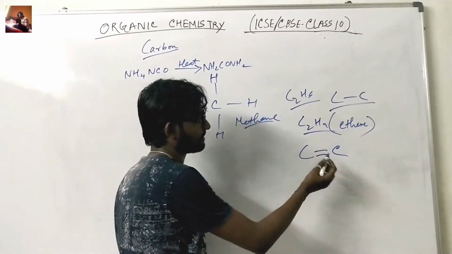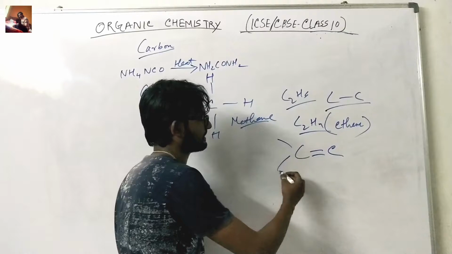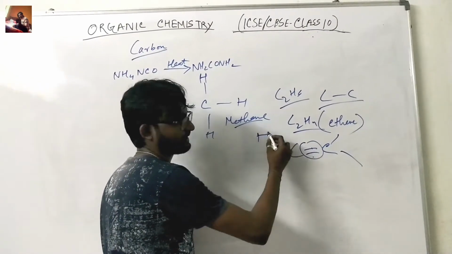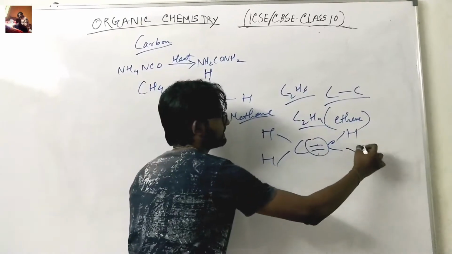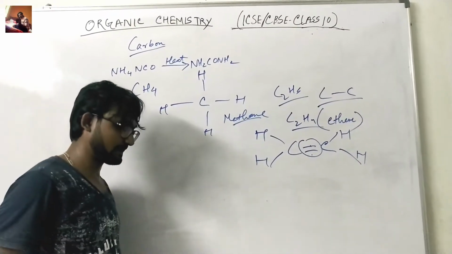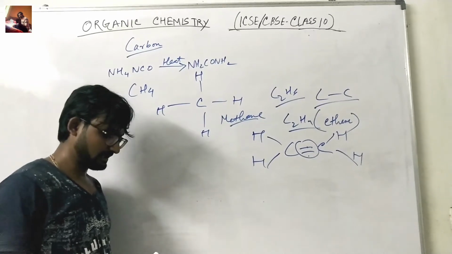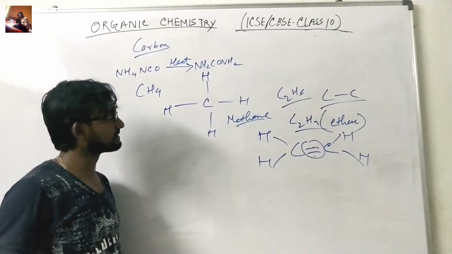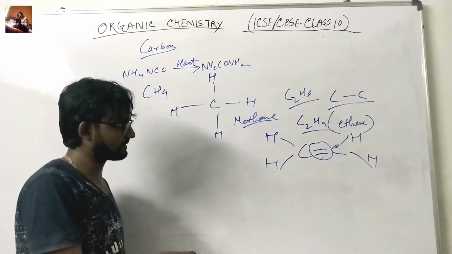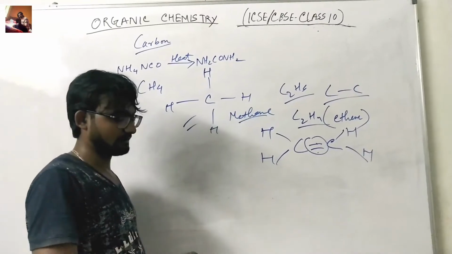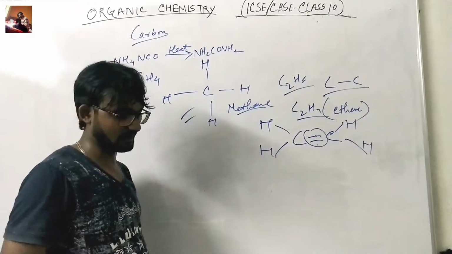One hand is already gone, so 2 hands are remaining, 2 hands already gone for sharing. So this is ethene. Here is the representation of organic compounds, and you can draw it like this when they ask you for the structure, or otherwise you can draw it like this also for representation of organic compounds.